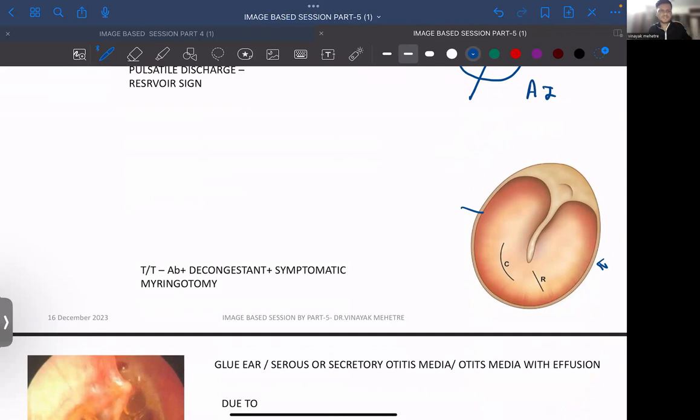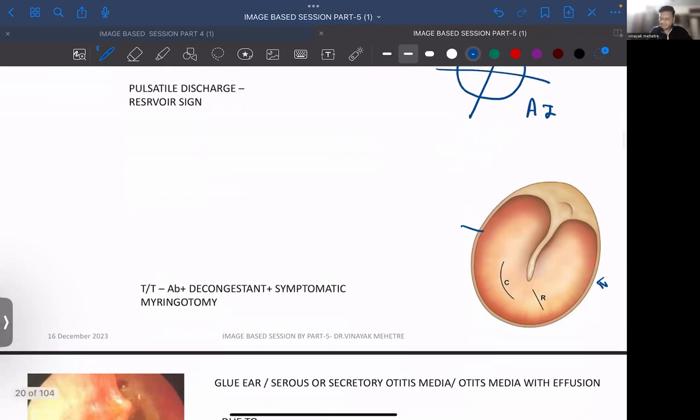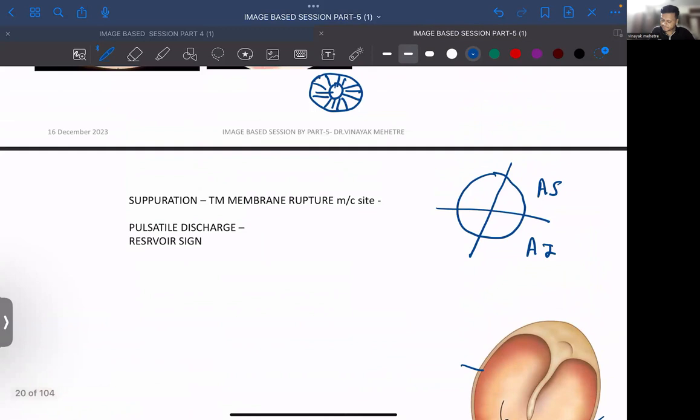So it is anterior inferior, anterior superior, posterior superior and posterior inferior. The most common site of rupture is the anterior inferior quadrant.